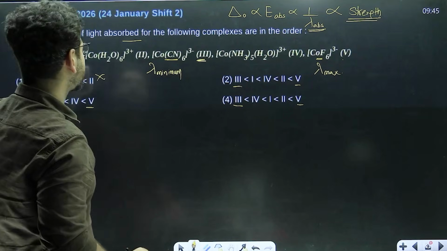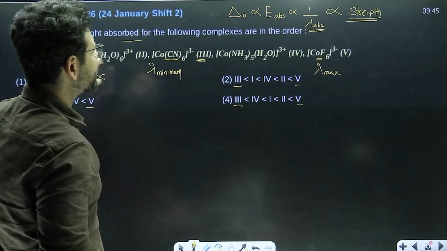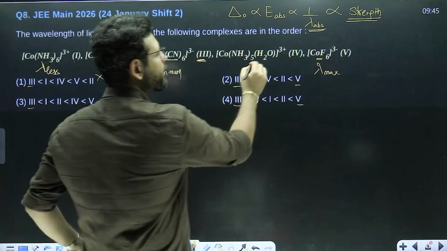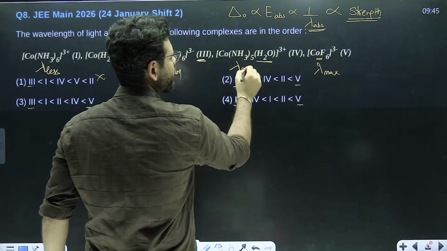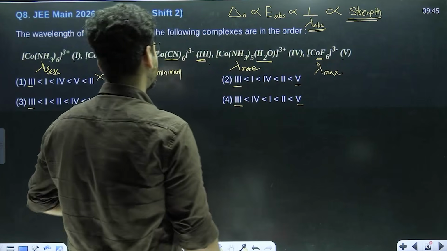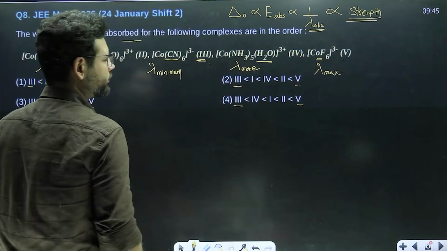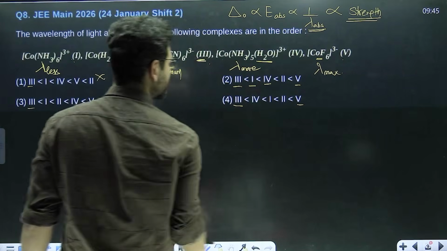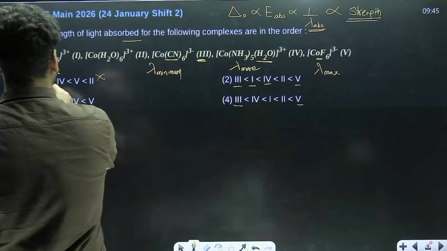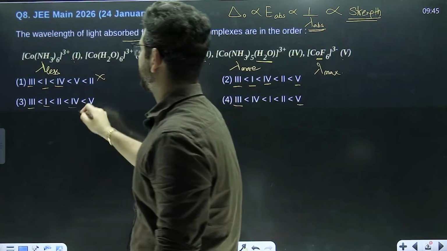So lambda of 1 will be lesser than lambda of 4, because here one water is also present, so lambda will be a little more. So 1 less than 4, which is right.